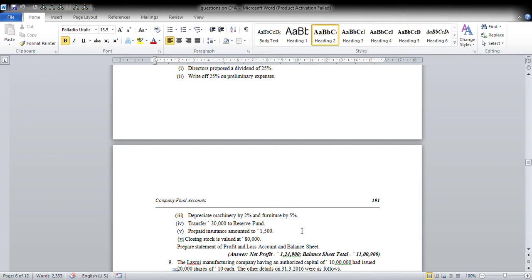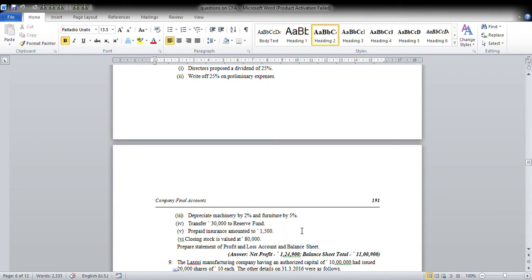Now next we have transfer 30,000 to the reserve fund. As you have seen how we did the fifth problem, from the current year profits, or from the total profits available in the company, you have to set aside 30,000 to the reserve fund. Once you show this 30,000 as a deduction, immediately show it again below in the working notes.